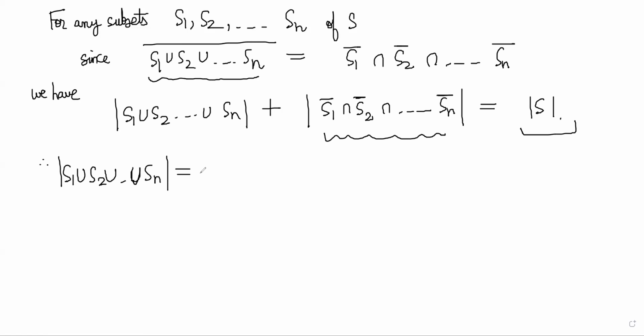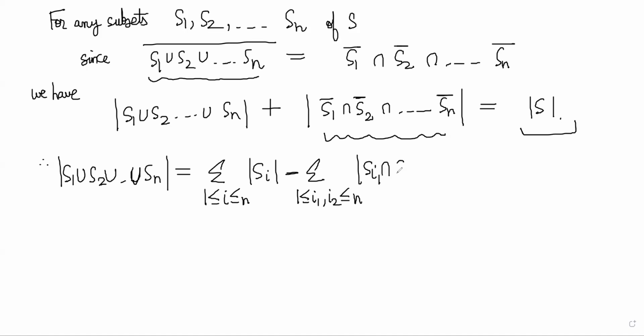It says the count of S1 union S2 union Sn would be equal to the summation over i from 1 to n of Si, minus the summation over i1 less than i2 of Si1 intersection Si2, and so on, alternating signs till minus 1 power n minus 1, S1 intersection S2 intersection Sn.